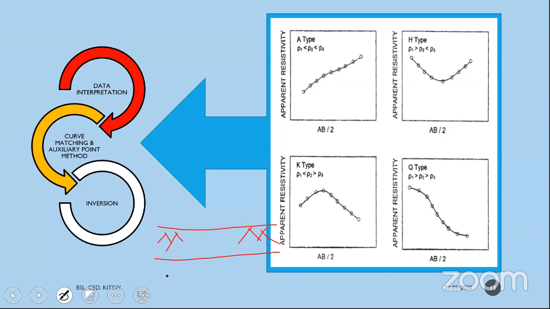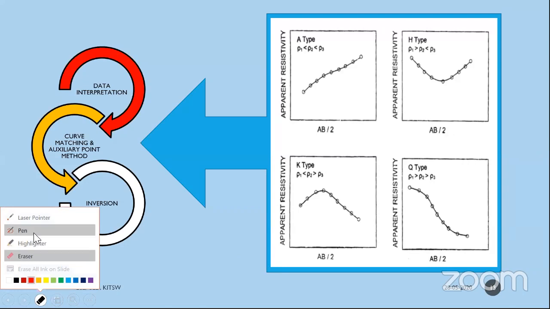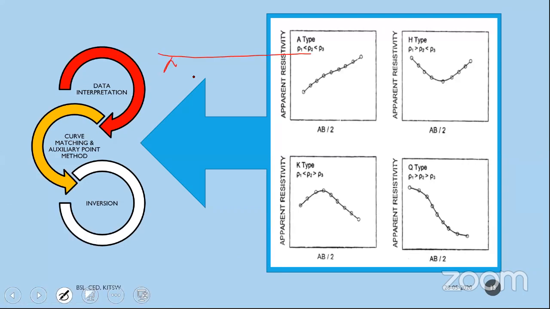This is strata 1, this is strata 2, and this is strata 3. Each strata will have a different resistivity value. I assume this is rho 1, this is rho 2, and this is rho 3.